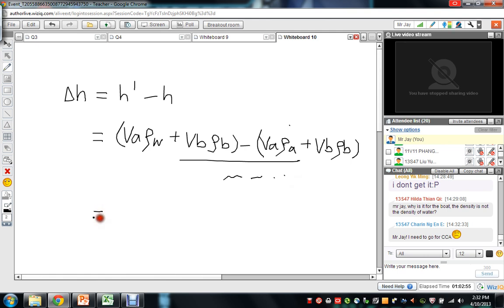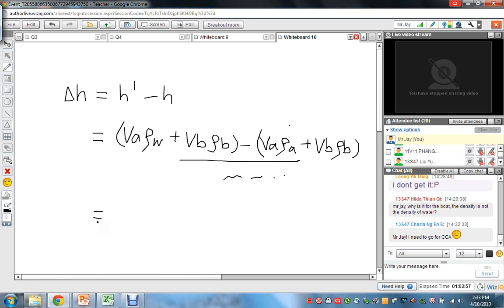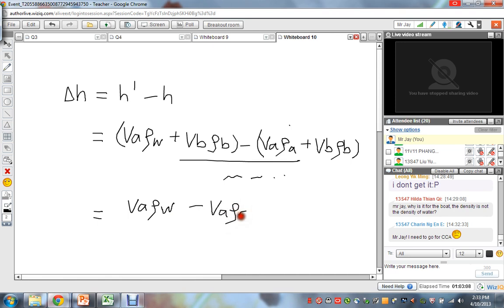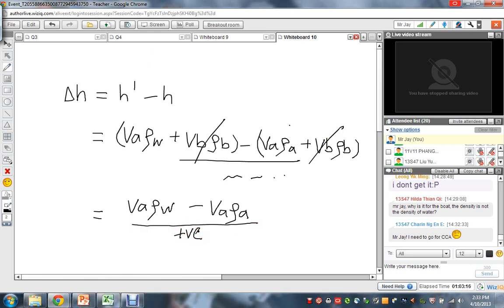So what happens is, look at the numerator. I'm left with VA rho W minus VA rho A. The other two terms cancel themselves out. And the denominator is some positive number that I don't care what it is. Now this numerator, take a look at it. The volume of the anchor times density of the water minus the volume of the anchor times density of the anchor.